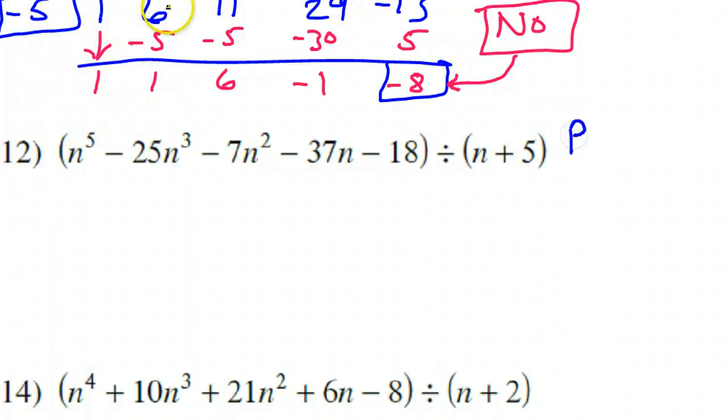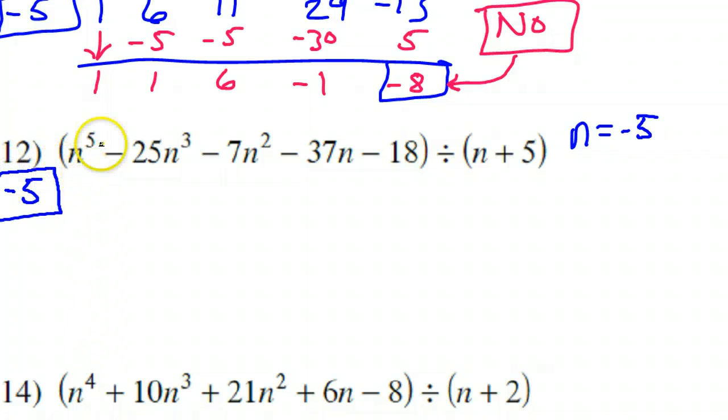Alright, once again, why am I using p? It's n now. N equals negative 5 is what we're going to be looking at as our potential 0. So negative 5 goes in the box. 5, 4, 3, 2, 1, 0.